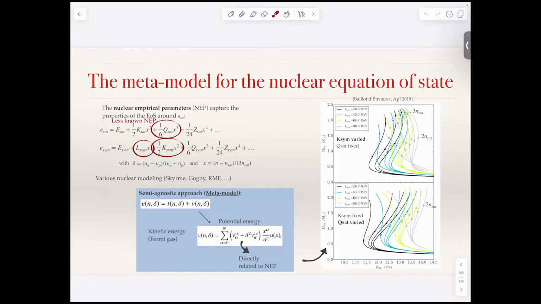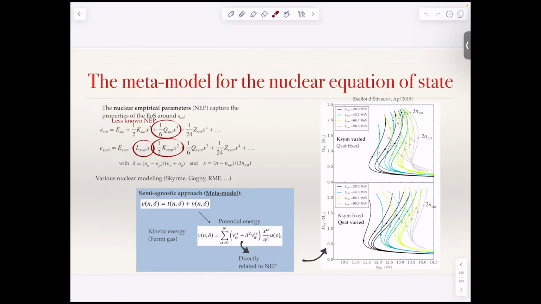But what I say is that somehow at low density you could compare these coefficients with what I said before, which are the empirical parameters. But the high order ones, I think it is pretty unsafe to compare them to expansion around saturation density.